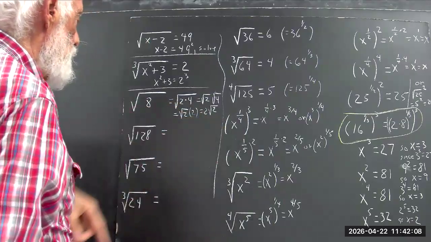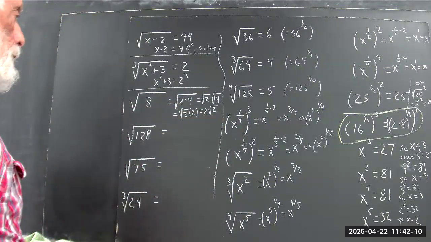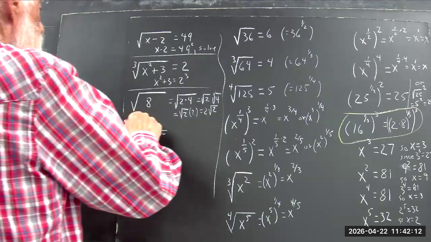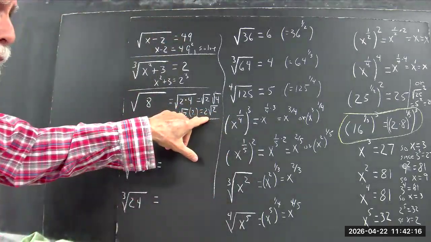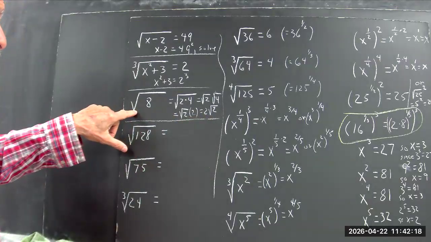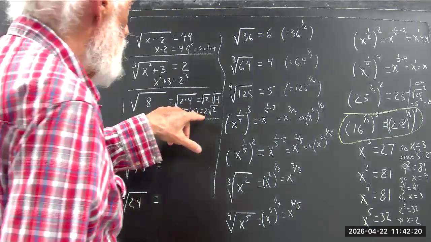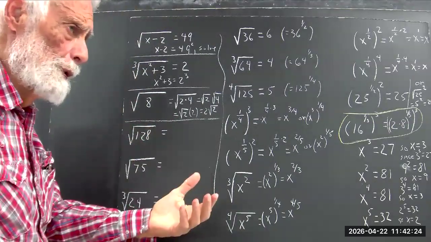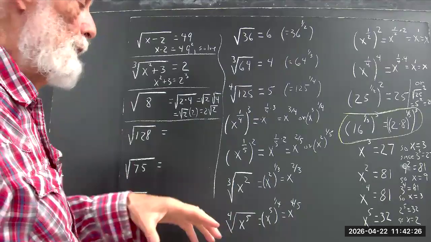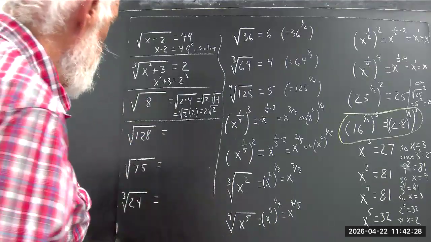Usually the square root goes after the number. Okay, well, that's not a tangible answer, but that's a simpler form of the square root of 8. Because now all you got to do is take the square root of 2. Of course, with a calculator, it doesn't really matter, but you do have to understand simplification.